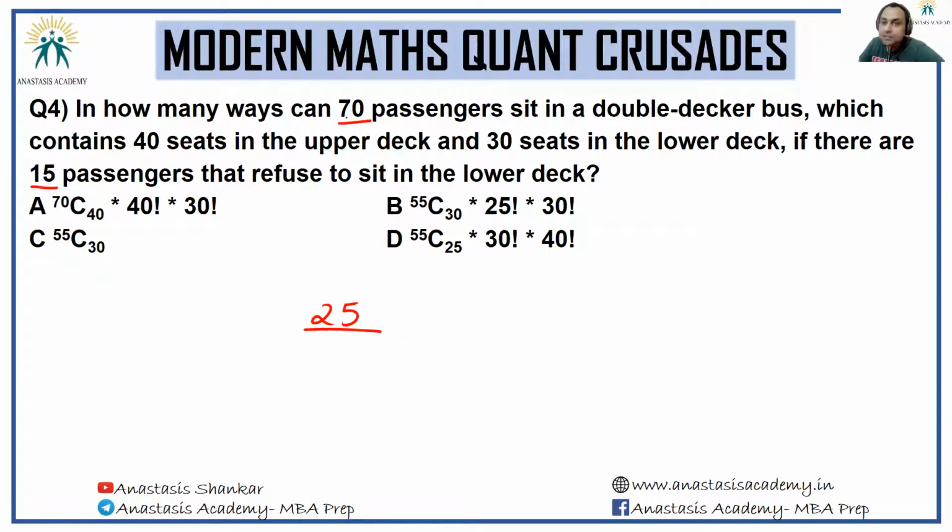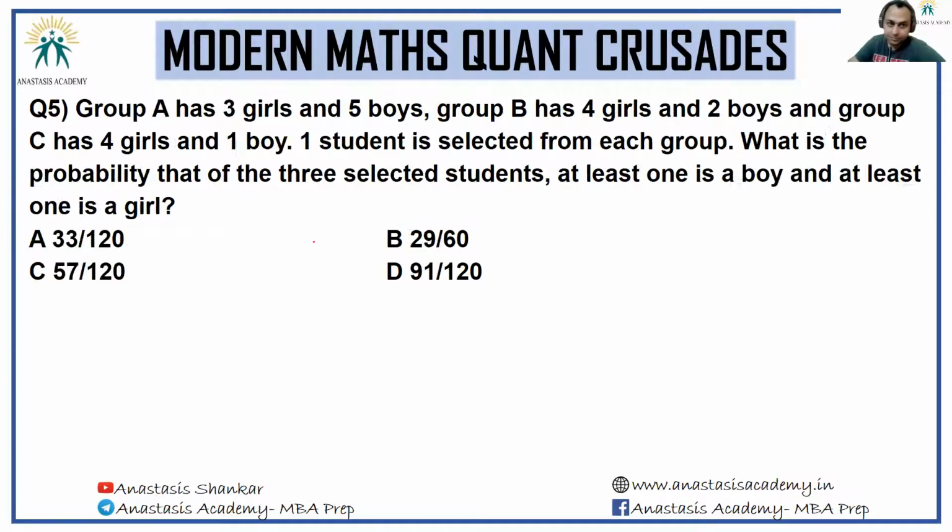Out of 55 passengers, because 15 passengers are definitely going there. So out of 55, you select 25 passengers. And now for each of the decks, you have the 30 people and the 40 people. They can rearrange and choose their seats in 30 factorial and 40 factorial ways. So the answer to this question has to be option D.